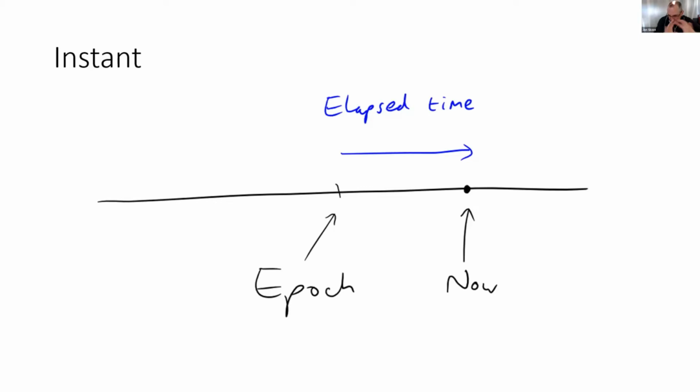I would say the Unix epoch is the most common epoch, but it's not the only one. So in .NET, the system.datetime uses an epoch of January the 1st, 1 AD or 1 CE. So that's using what's called the proleptic Gregorian calendar, because the Gregorian calendar didn't exist in 1 AD. But if we imagine it went back in time, then that's what the default of date time is, or datetime.min value, and that's where everything's measured from.